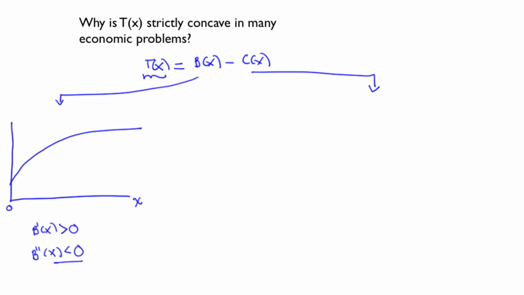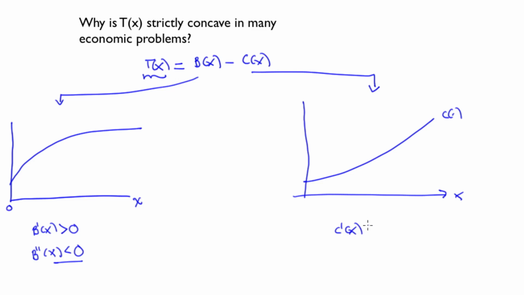Now, many of these economic problems also have the following cost function, something that looks like this. Now, the key properties here, remember this is x, this is the cost function, is that c prime of x is greater than 0 and c double prime of x is also greater than 0.